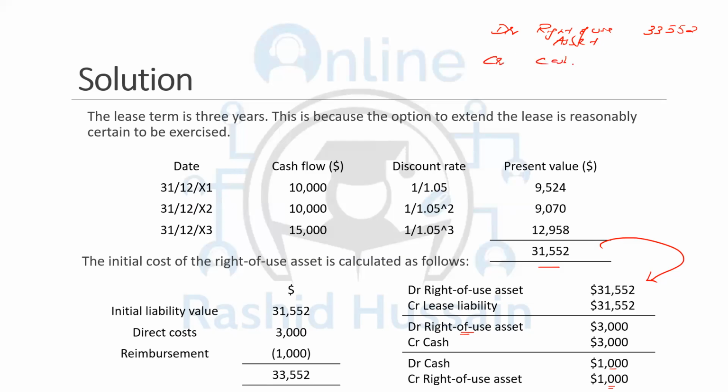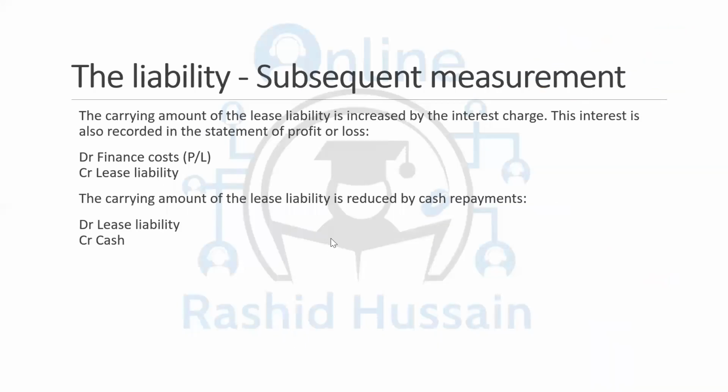Credit cash, which is the net payment of 2,000 you have made against the direct cost. Credit lease obligations, which is the initial value of the liability, by 31,552. So this is how you are going to record the initial value of the right of use and the lease obligations.